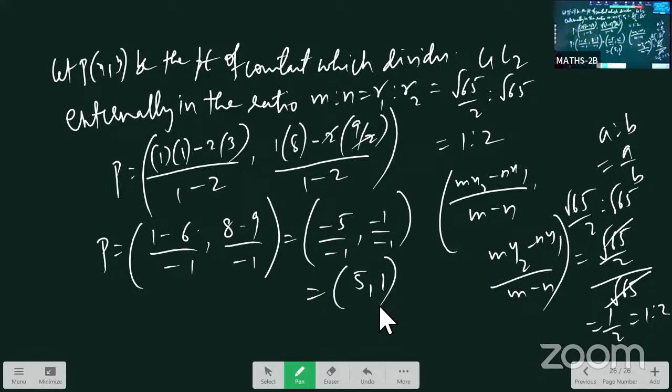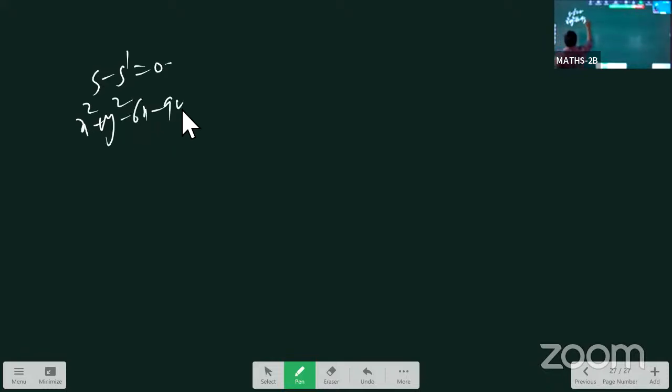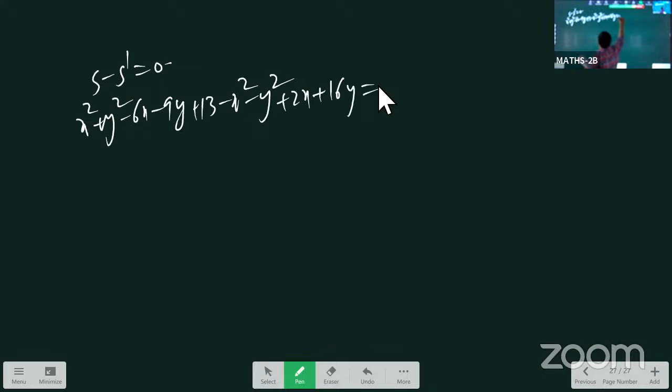Is it clear? Now again, equation of common tangent, S minus S dash. Same as usual. Subtract one circle from the other. What are those circles? S minus S dash: x square plus y square minus 6x minus 9y plus 13 minus x square minus y square plus 2x plus 16y equal to 0.